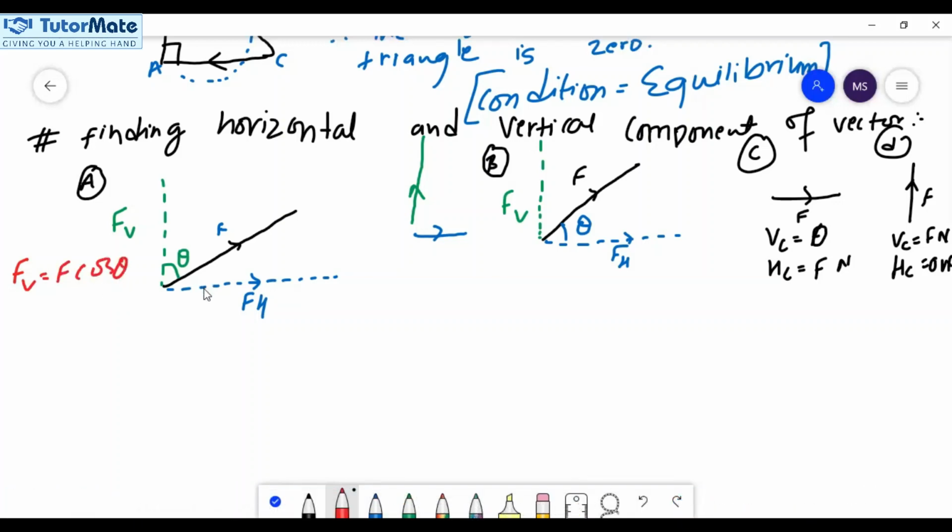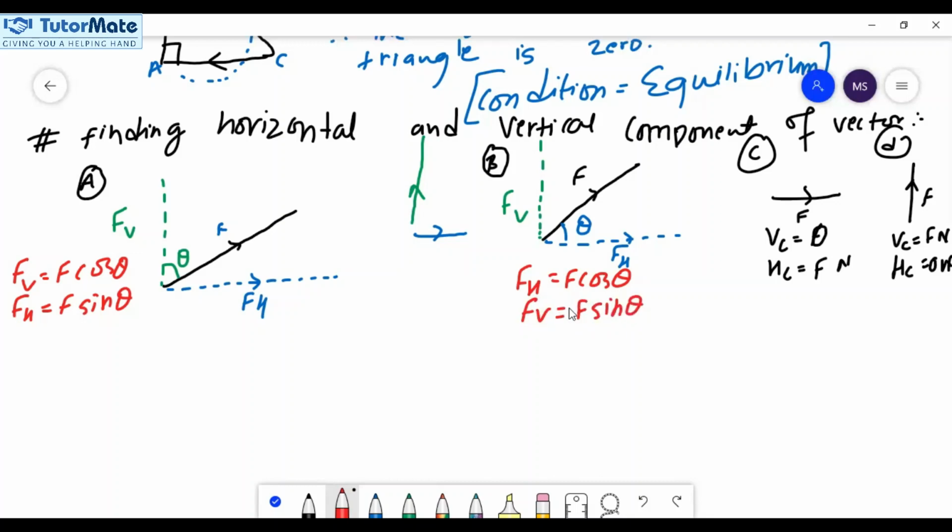And theta is not associated with the horizontal component, so FH would be F sine theta. So now we can find the horizontal and vertical components in a real quick manner. Similarly, here in case B, FH would be F cos theta and FV would be F sine theta.